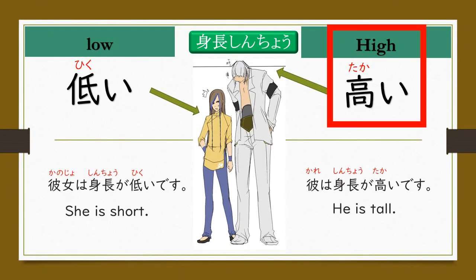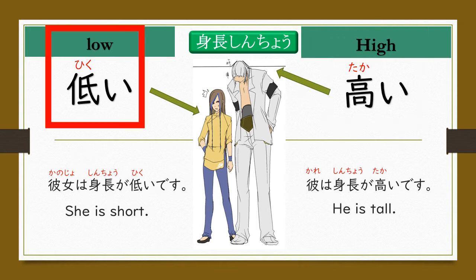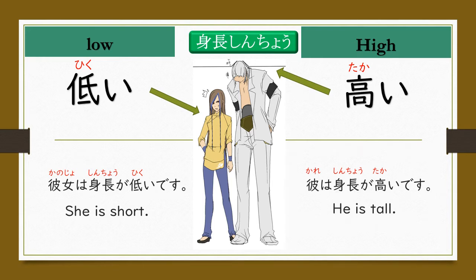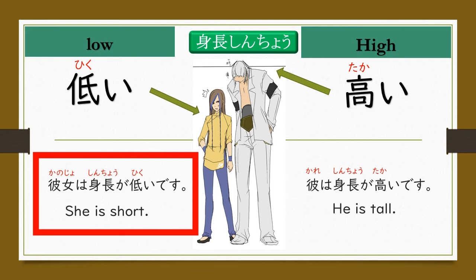High is 高い. Low is 低い. Example, 彼は身長が高いです. 身長 is height. We said 彼は身長が高いです. He is tall. Opposite, low, 低い. 彼女は身長が低いです. She is short.